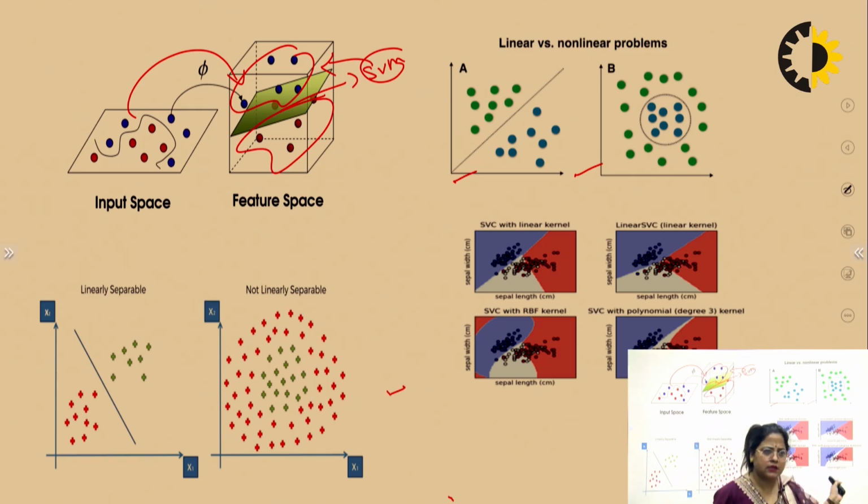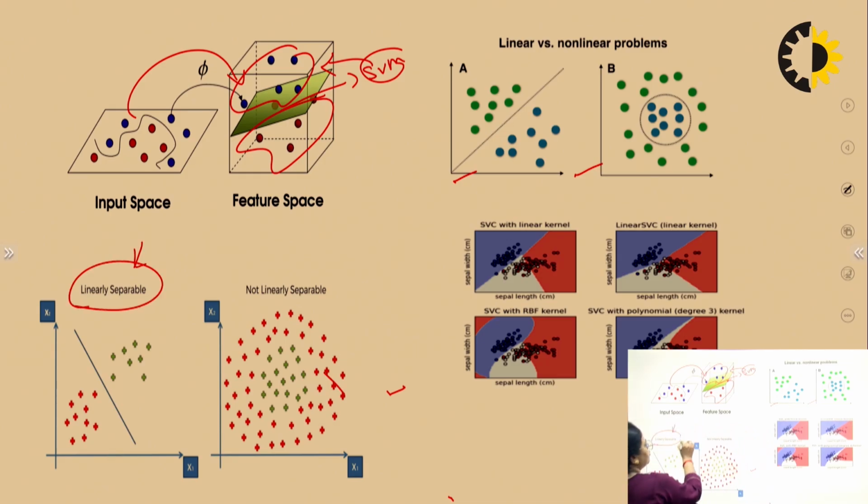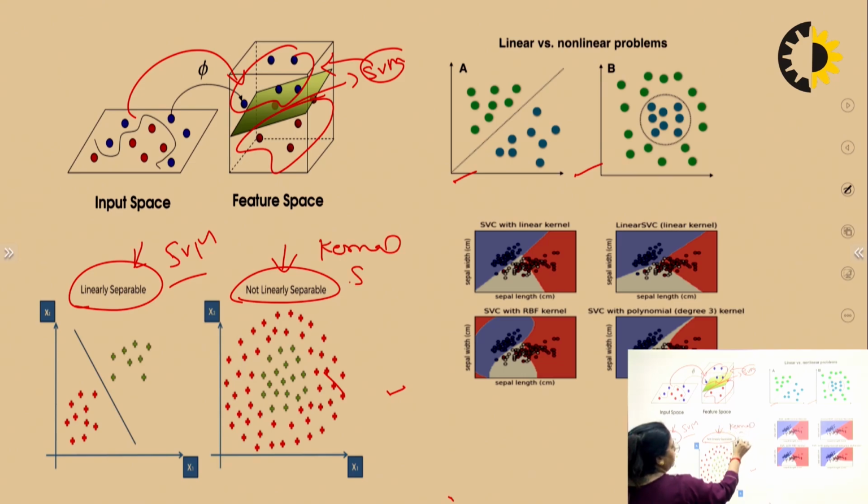The next example is the same problem. Here we use linear separable, and linear separable uses the linear SVM. And here we use non-linear separable, so there I use the kernel SVM.